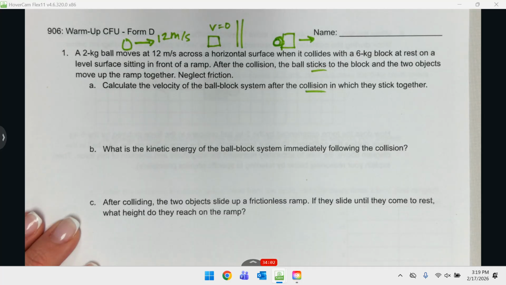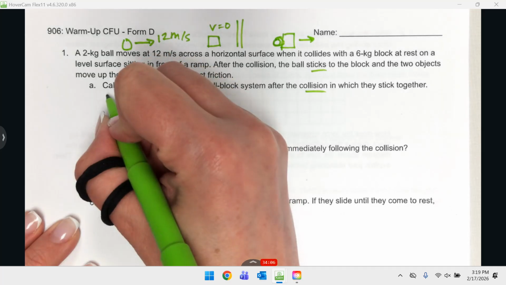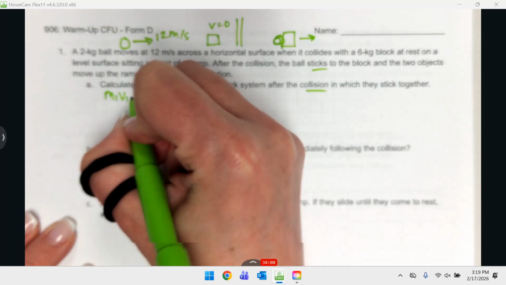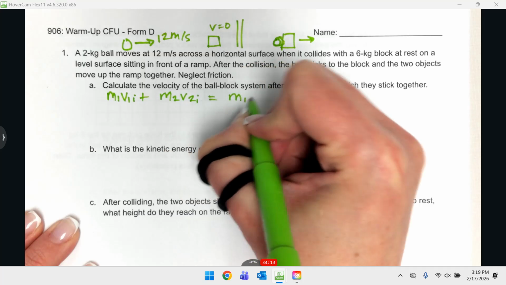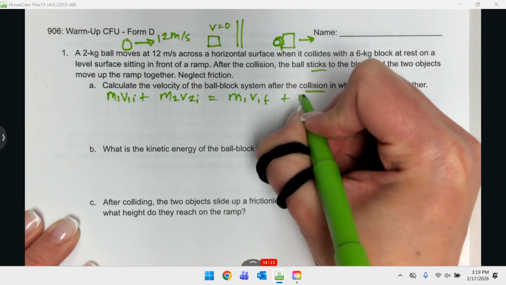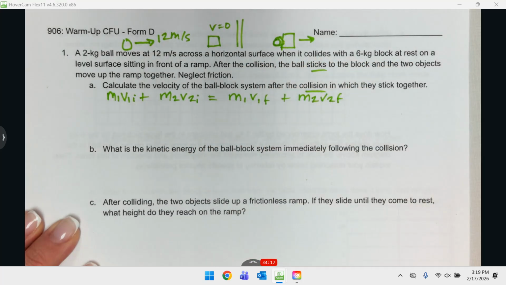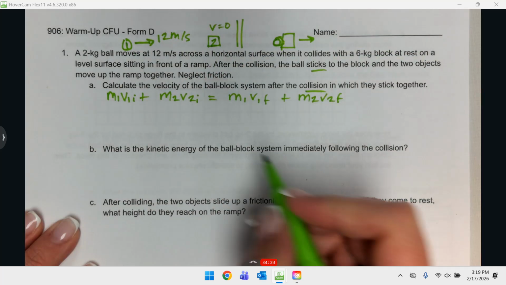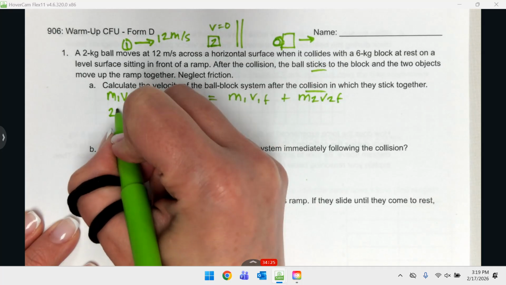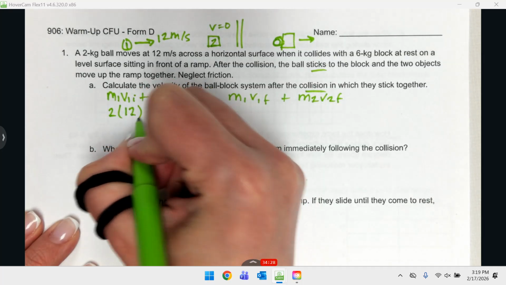And so our task now is to figure out how fast they're moving, and we have to use conservation of momentum to do it. M1 V1 initial plus M2 V2 initial equals M1 V1 final plus M2 V2 final. That is your equation. Our masses for object, I'll call the ball 1 and the block 2. For the ball is 2, its initial velocity is 12.